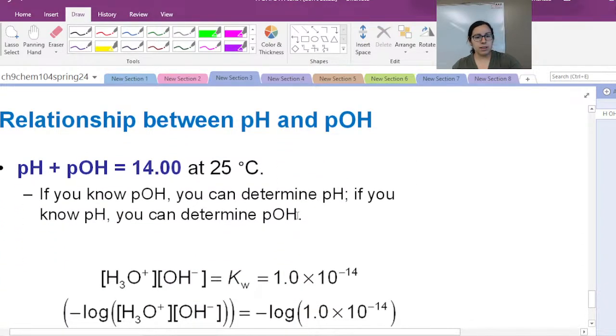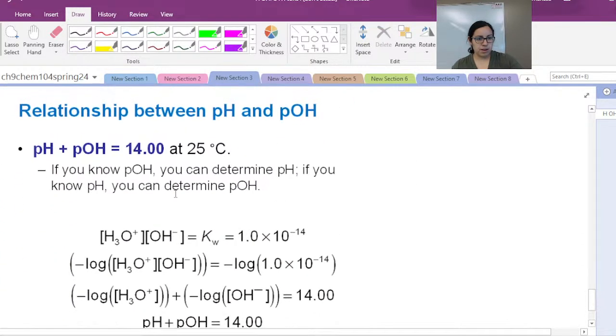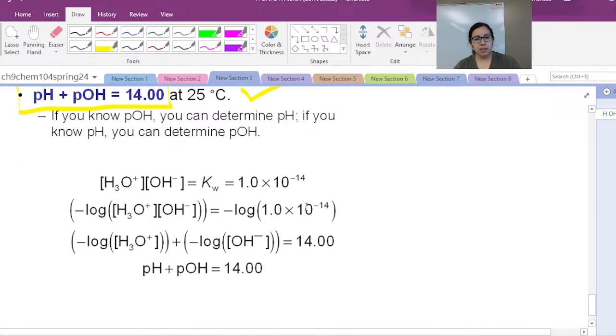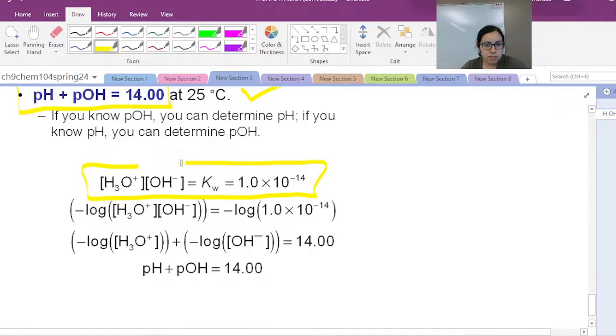Now this is our key next step here. We have that our pH plus our pOH is equal to 14. This is useful. It goes through our small derivation, or reminds us of our Kw product constant.